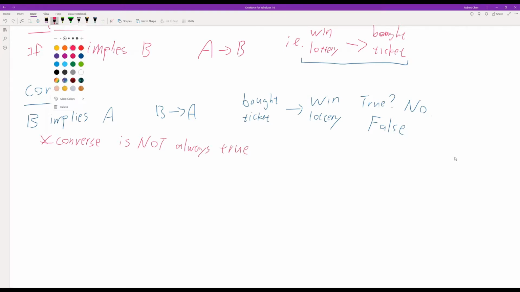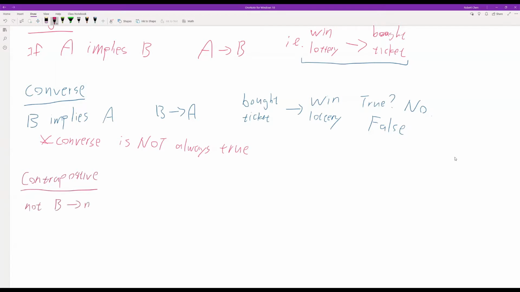However, what we're more interested in is something called the contrapositive. The contrapositive of the statement A implies B is not B implies not A. In the example of the lottery ticket, it means if you didn't buy a ticket, you didn't win the lottery.